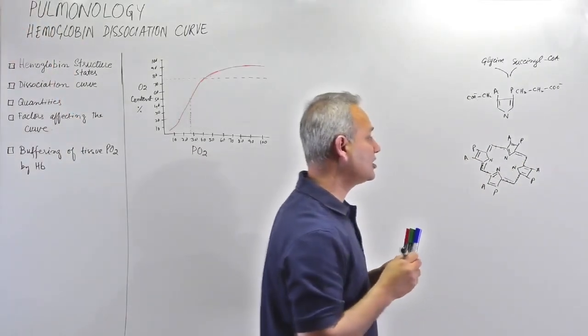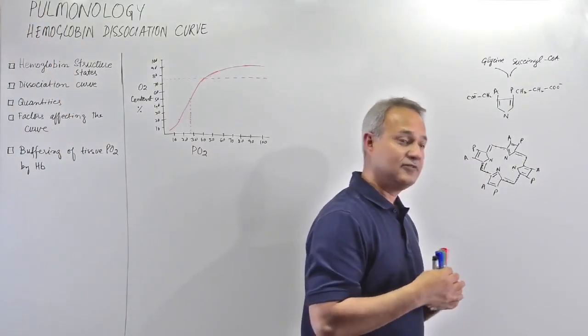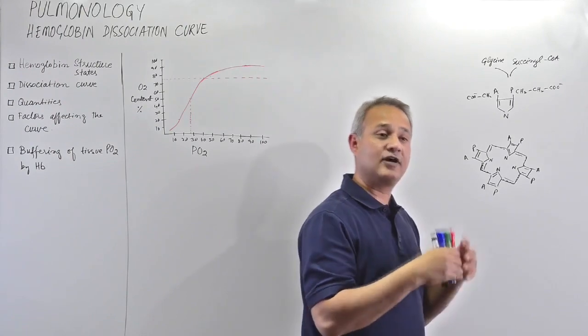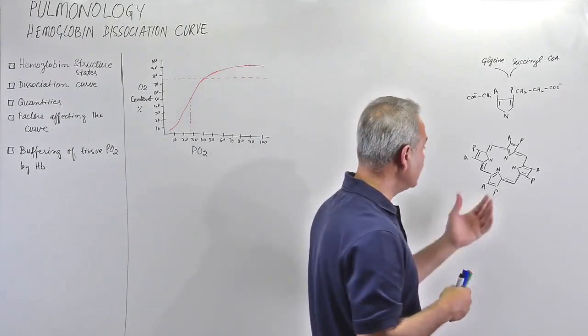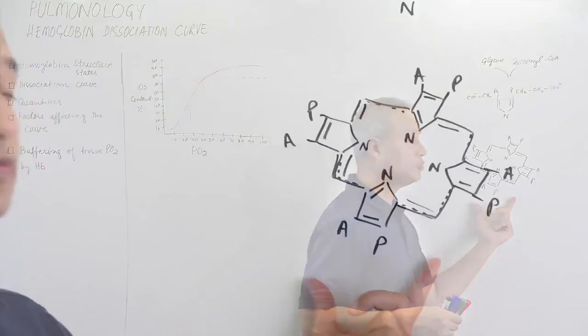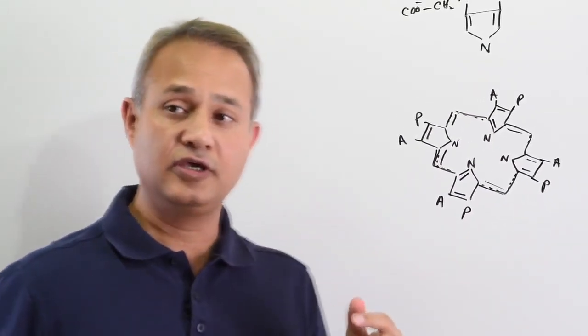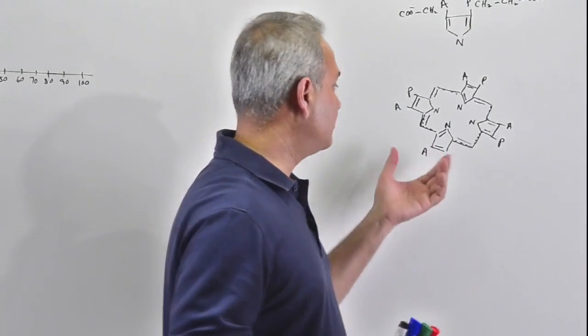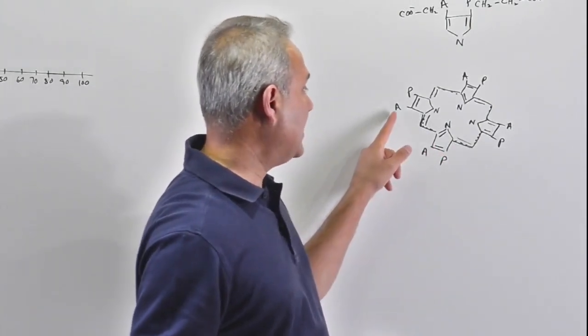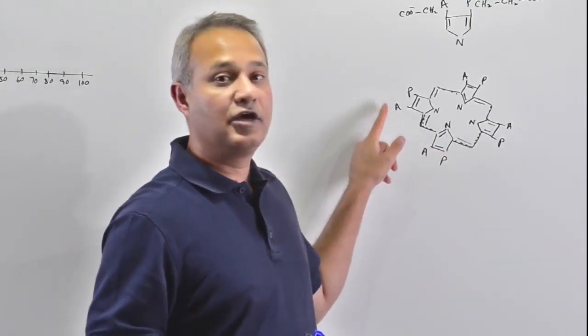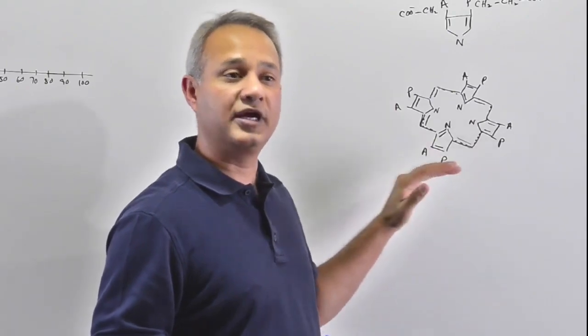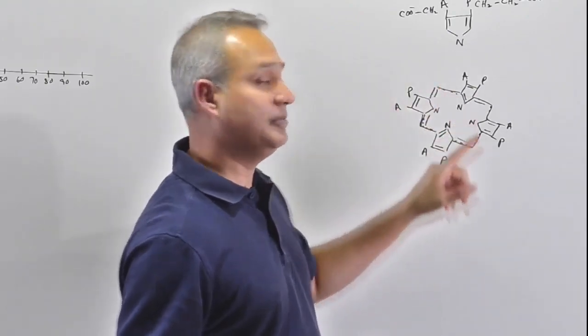So that is the structure of the 4 pyrrole rings that have come together. This has now become protoporphyrin 9. Now, in case of the human hemoglobin, the protoporphyrin 9 has methyl, vinyl and propionate as the A and P bonds.